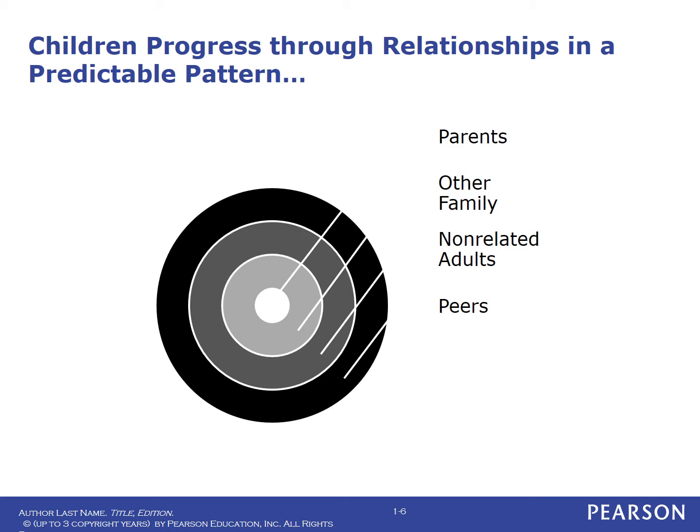Moving out from that, the child first encounters non-related adults in the form of perhaps daycare workers or teachers or community members. Finally, it is in elementary school where the child learns the importance of peers and comes to need and trust peers. So it goes from parents all the way out through peers.